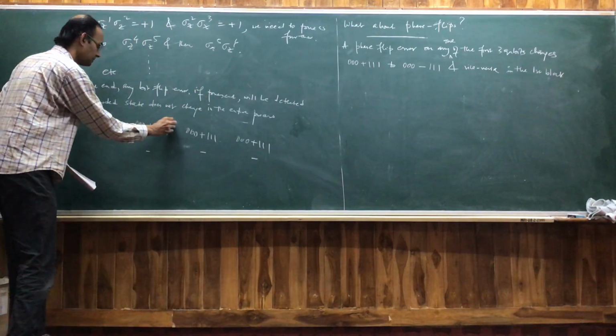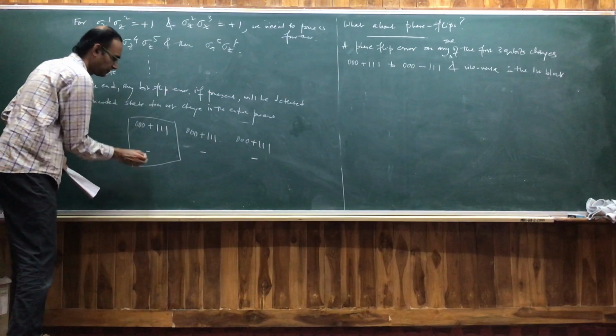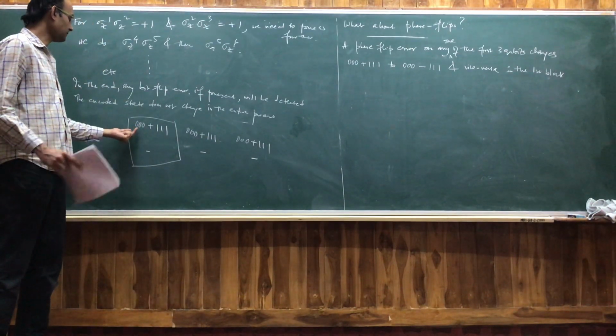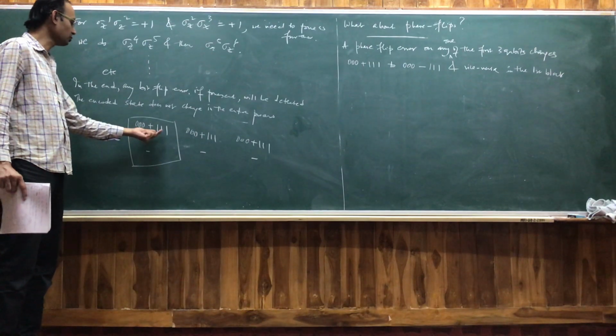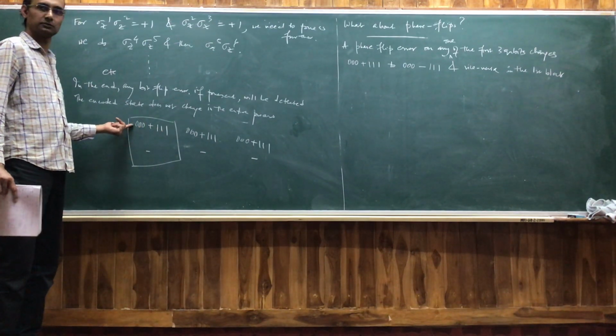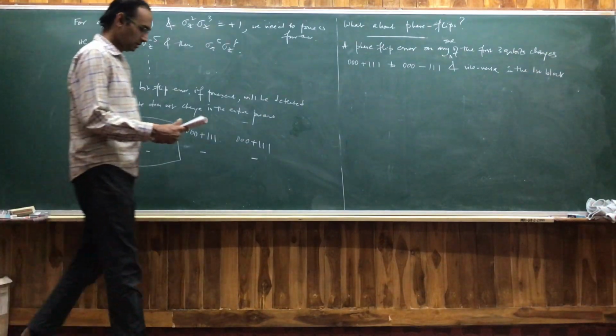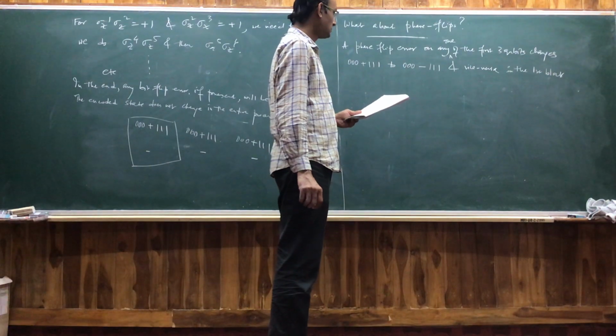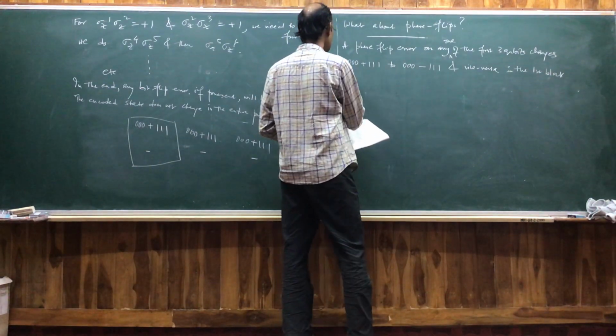So this is the first block of 3 qubits. Here, if the phase flip happens in any one of the qubits, this will be transformed to this and this to this. Similarly in the other blocks.